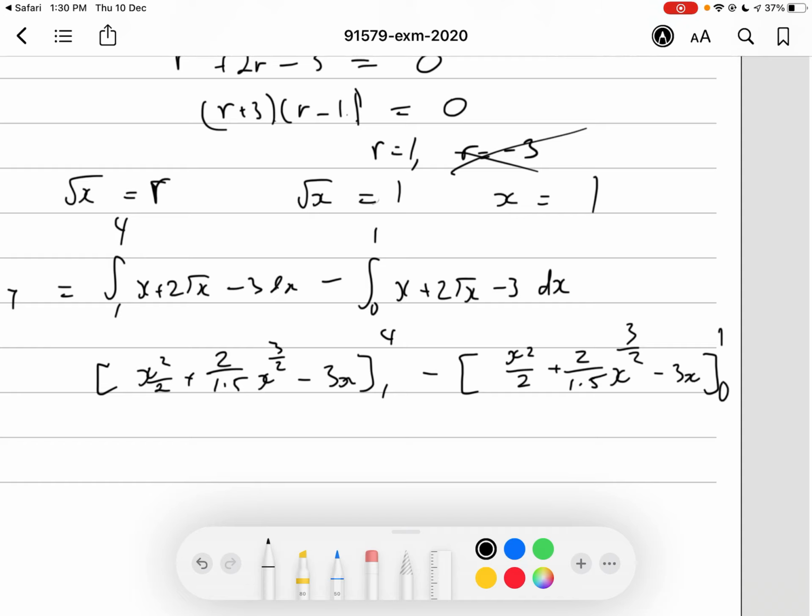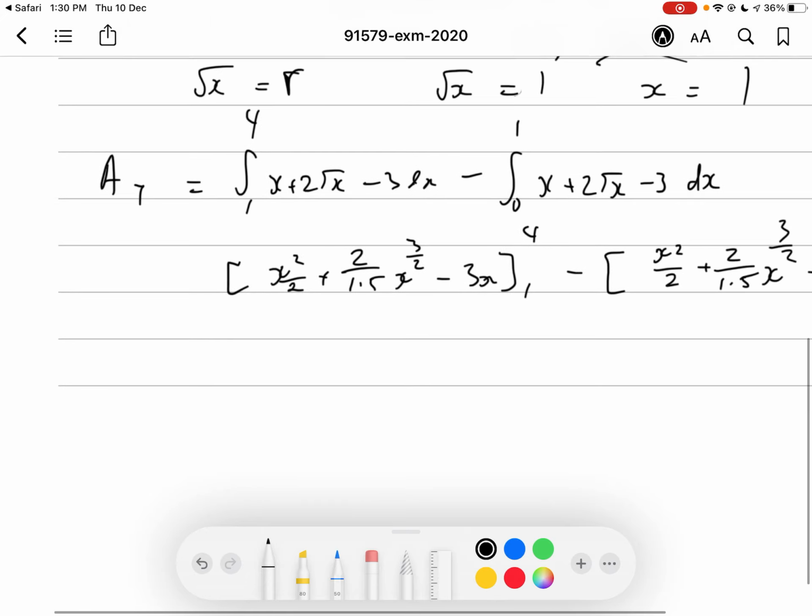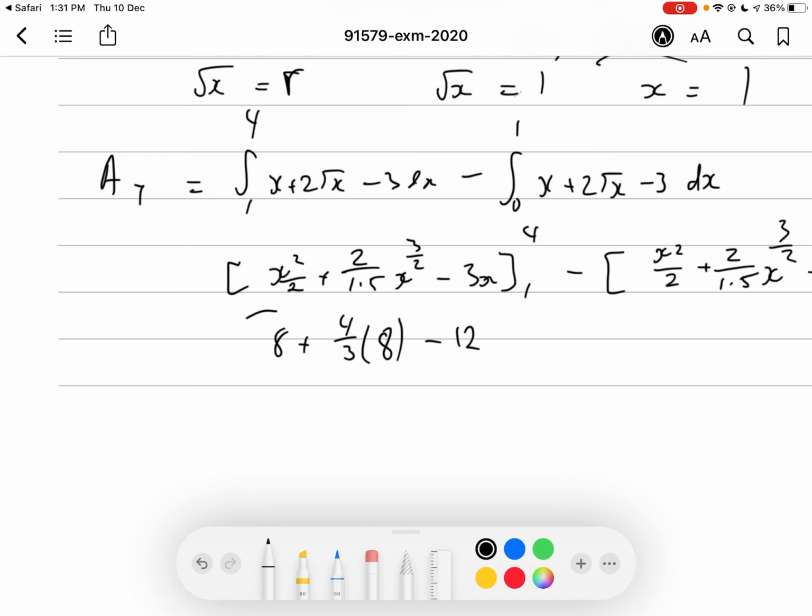Okay, so now we just need to do a little bit of calculator work. Just be careful at this part. So 4 squared is 16, so 8 plus 4 over 3 times 4 to the power 3 over 2. 4 to the power 3 over 2, what's that one? That should be 16 if I'm not mistaken. No, that's 8, my bad. Okay, that's 8 minus 12. Minus, x squared, 1 squared is 1/2, plus 4 over 3 times 1 minus 3.